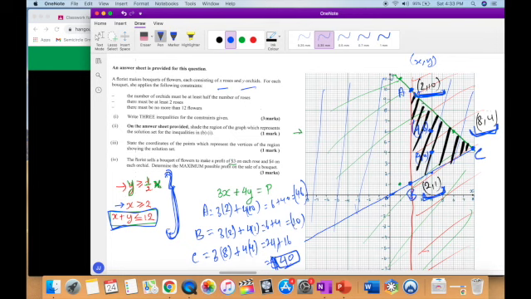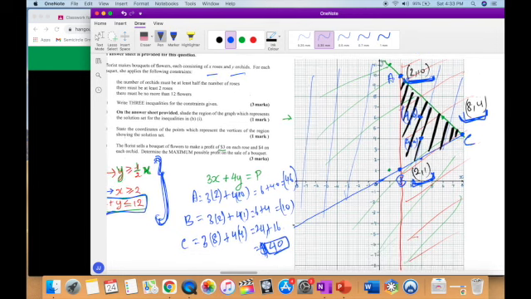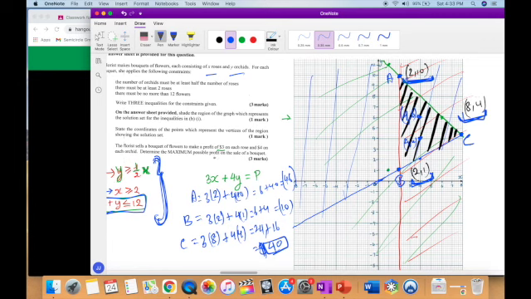Right? So we could see here that the maximum amount of profit that I will make is $46. So that is this vertex A over here, where if I sell a bouquet that has 2 roses in it and 10 orchids in it, I will make more money.